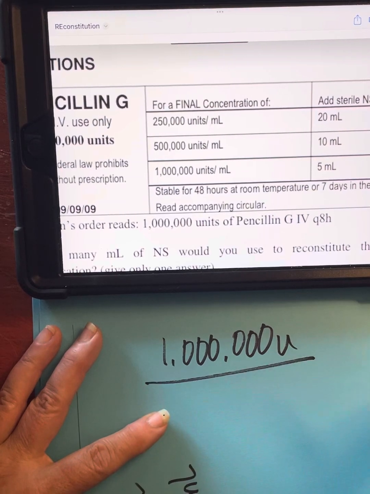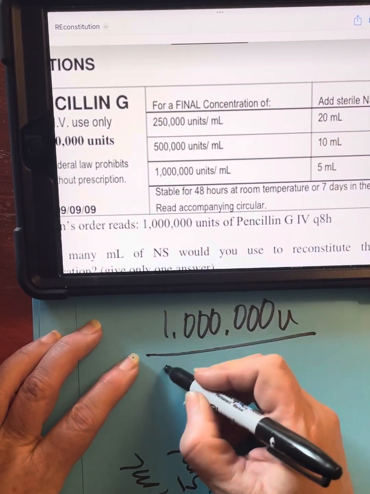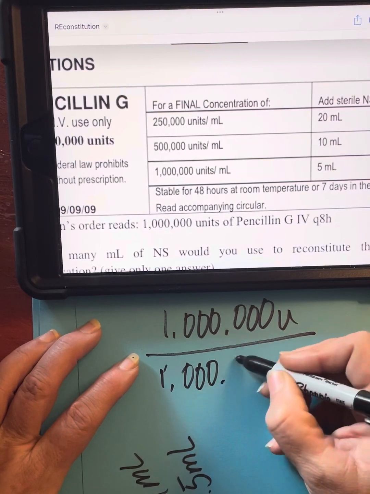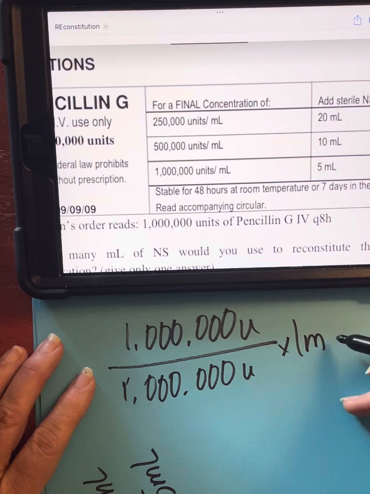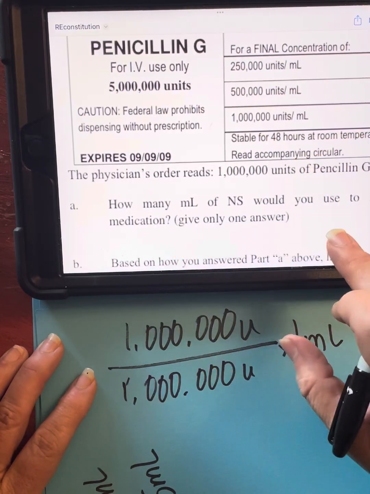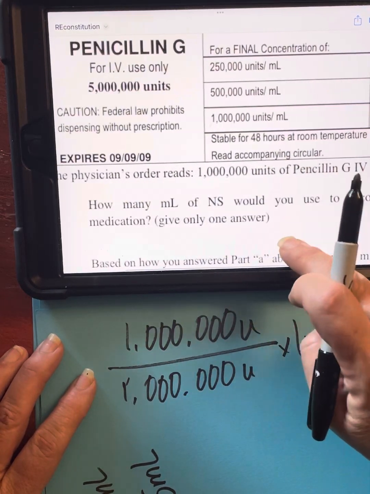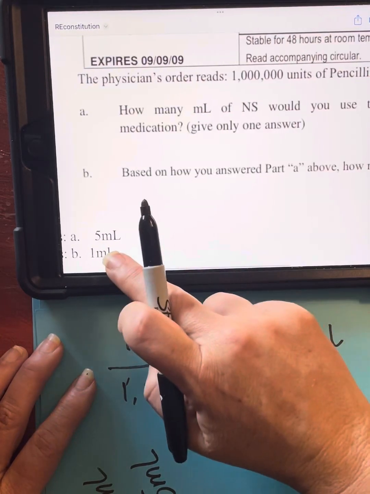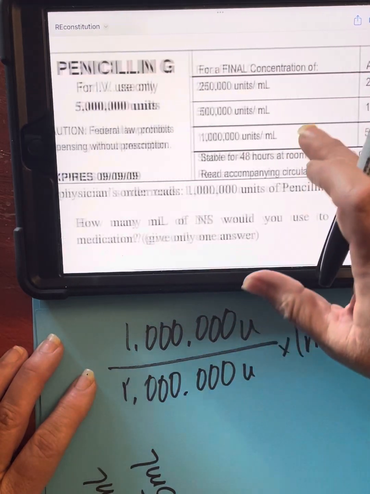Anyway, so what he wants is 1 million units. What we have, if we do that, is going to be 1 million units per 1 mL. So, how many milliliters of normal saline would you reconstitute the medication with? 5 milliliters. You see, that's where it is.